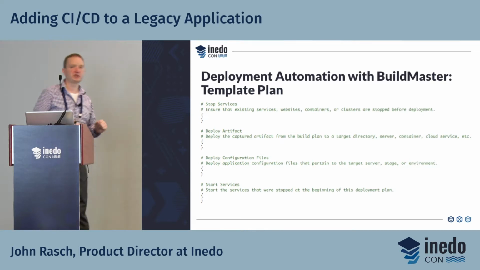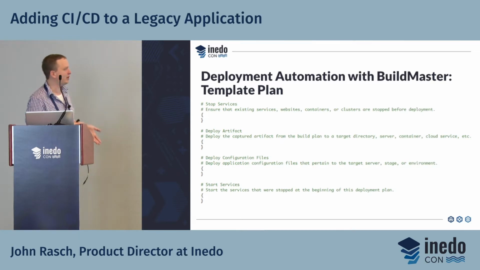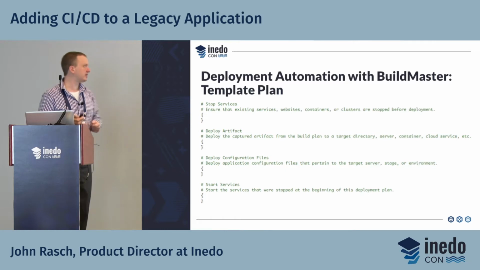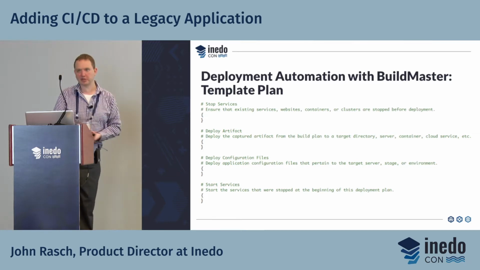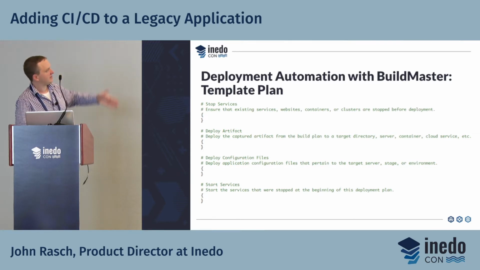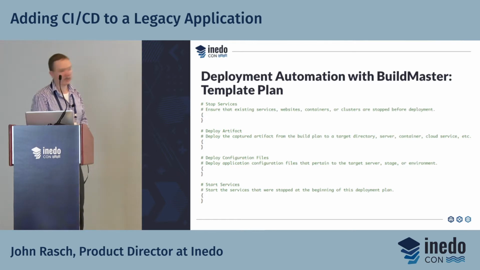Configuration files I hadn't mentioned before, but that would be the equivalent of web.config or properties files in Java that control how the application behaves in a different environment or maybe contain secrets or something like that. And then start services that were stopped at the beginning. So while there's downtime here, it's very minimal because it's usually very quick.